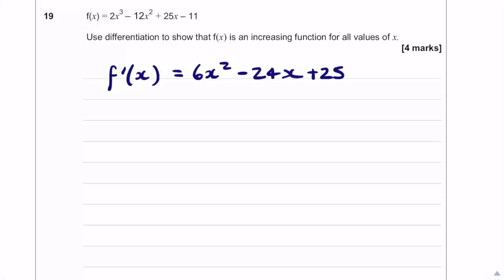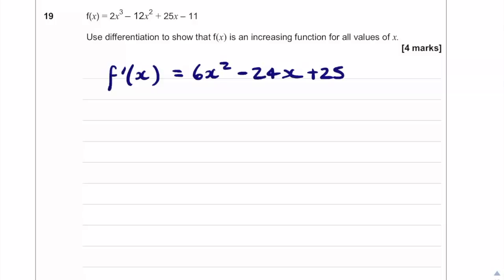Now, we haven't got any values of x to substitute in this equation to show that it's an increasing function. So what we can do is prove that this equation has a minimum point rather than a maximum point, which we know it does because it's a positive quadratic equation, and then we can say that f of x is an increasing function for all values of x.